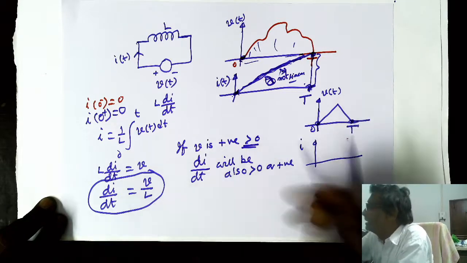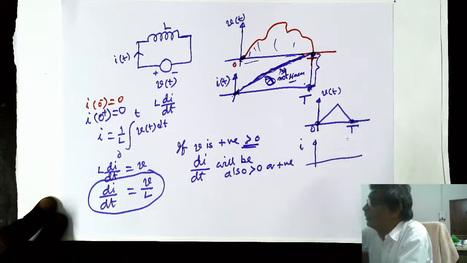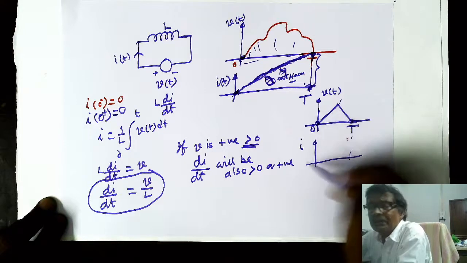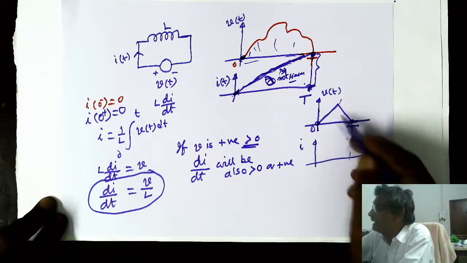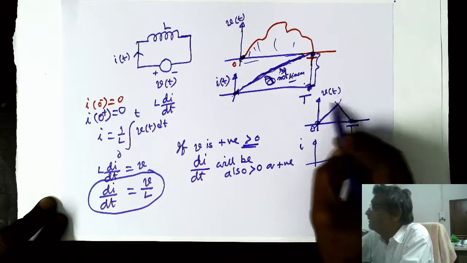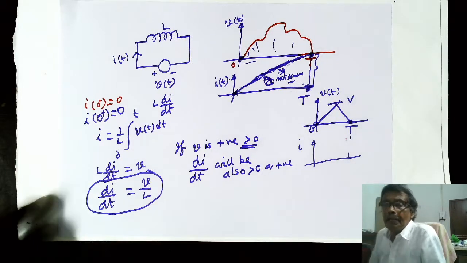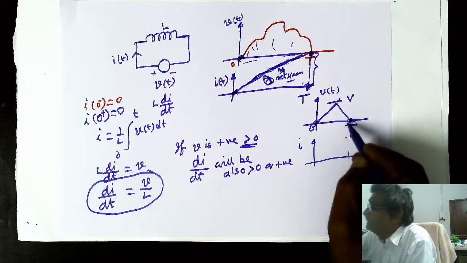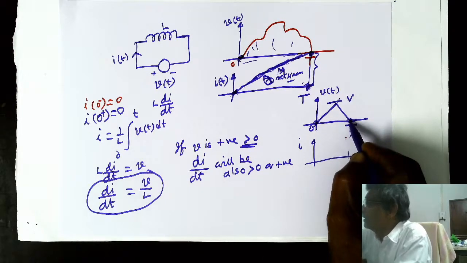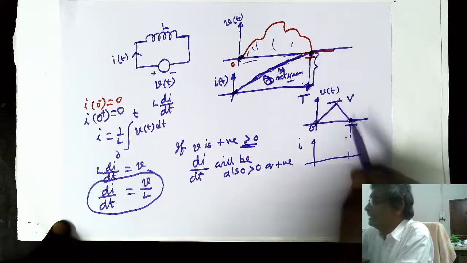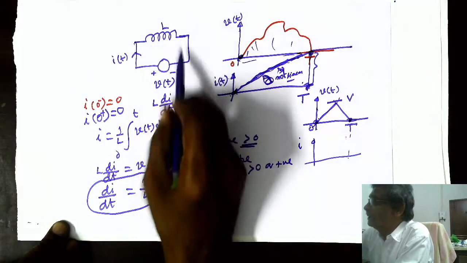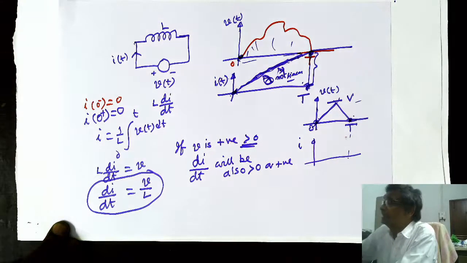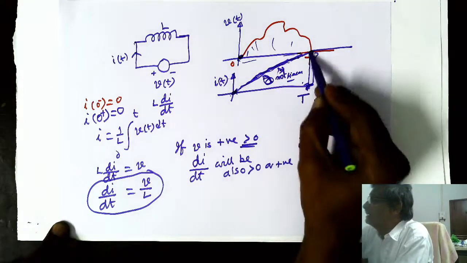So the current can only grow, and in this case it will grow in a parabolic way. I can write down the equations if I know this level of voltage. So, if at the end of capital T the voltage is 0, the inductor will go on circulating that amount of current continuously beyond capital T, if Vt is really a pulse like this.